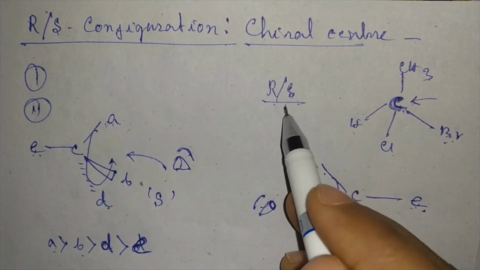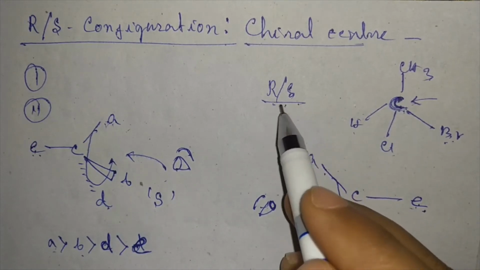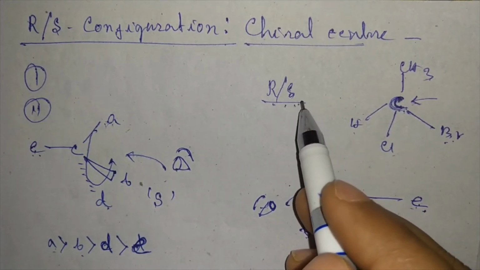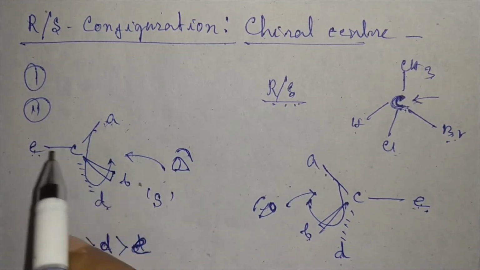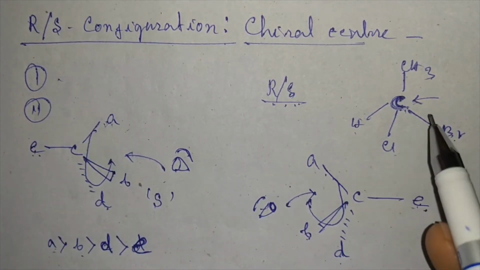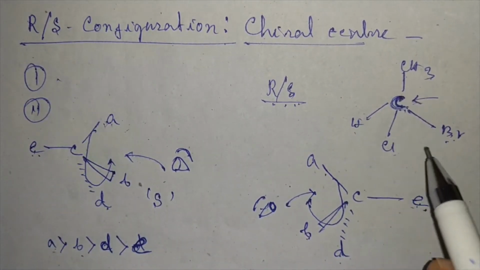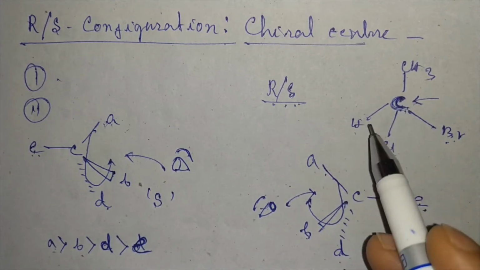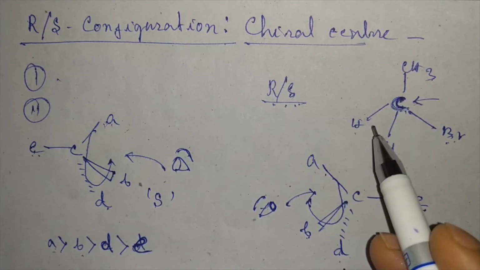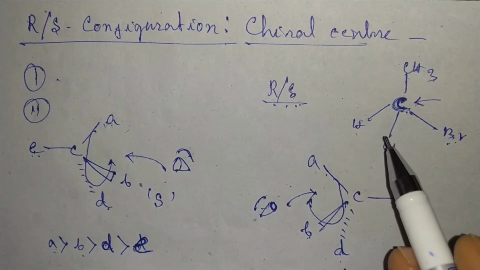To determine the configuration R or S, we have to do two things. The first thing, we have to prioritize these four groups with the help of sequence rule. The sequence rule I am telling later.